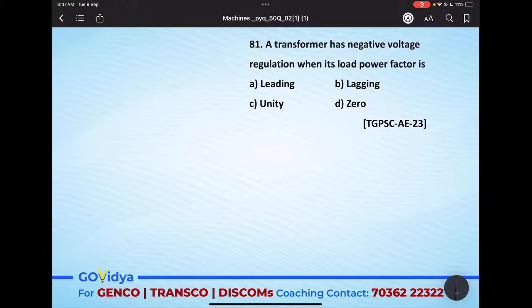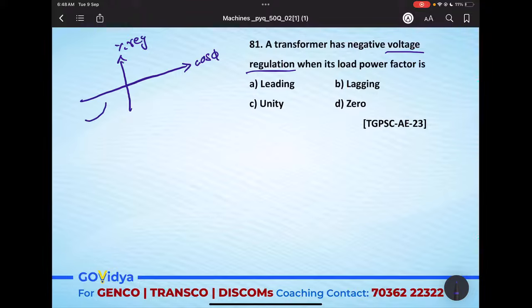The next question is about a transformer having negative voltage regulation when its load power factor is. The question is about voltage regulation. We know the voltage regulation curve. This is percentage regulation versus power factor.